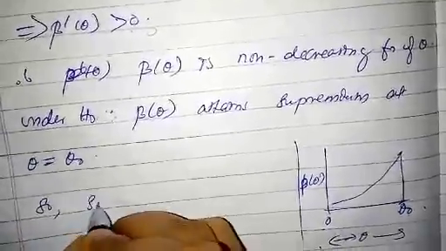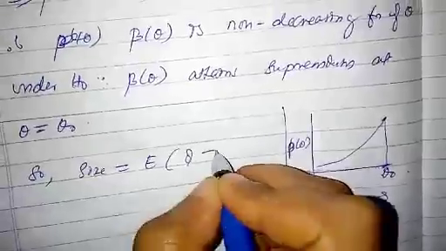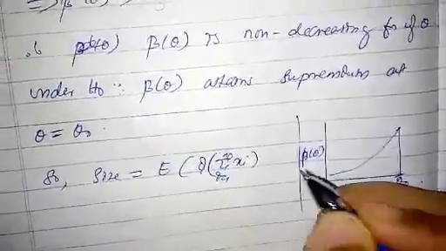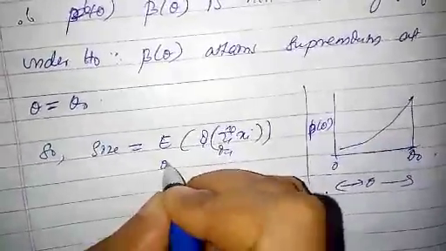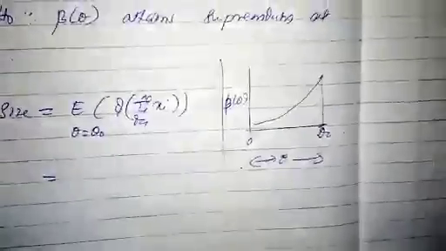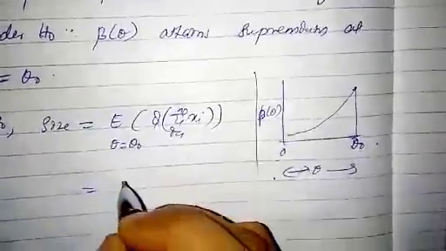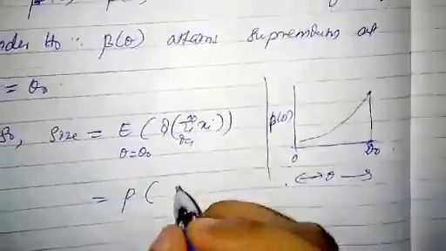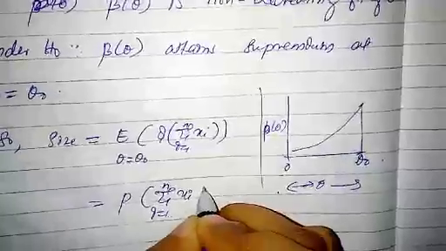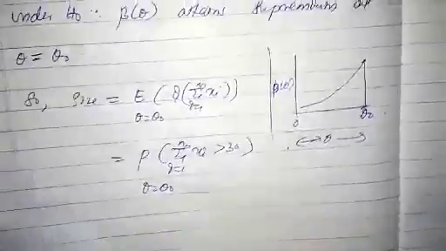So the size equal to expectation of phi of summation i from 1 to n of xi under theta equal to theta naught, which is equal to probability of summation i from 1 to n of xi is greater than 30 under theta equal to theta naught, right?